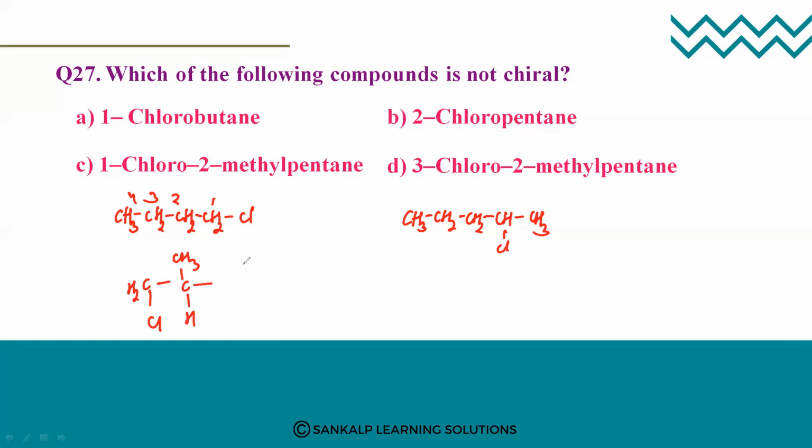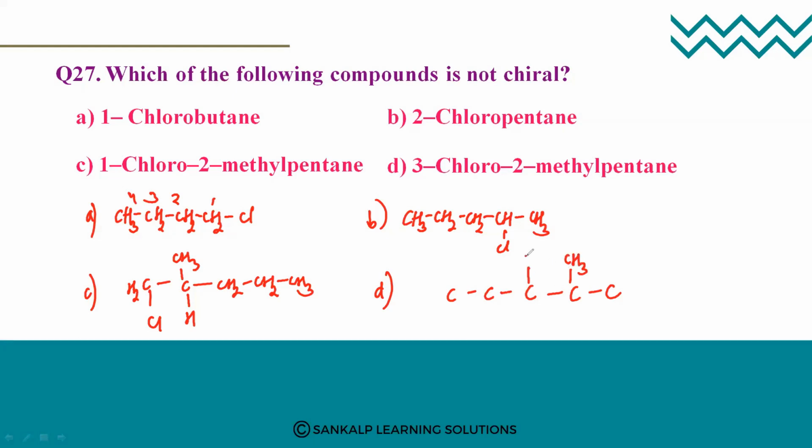This will have 1 and pentane, so 1, 2, 3, 4, and 5. So this is C, this is A, this is B, and I'll write the D structure. 2-methyl, 3-chloropentane. So 1, 2, 3, 4, 5: CH3, CH2, CH, CH, and CH3.